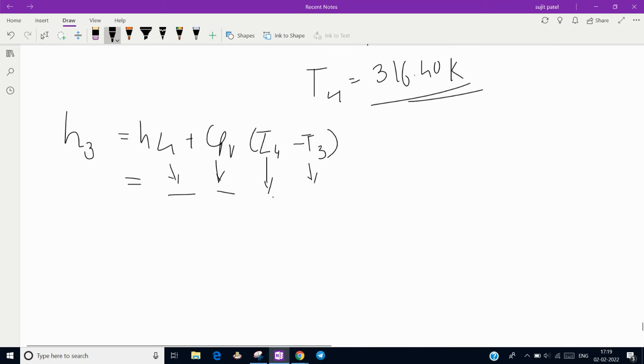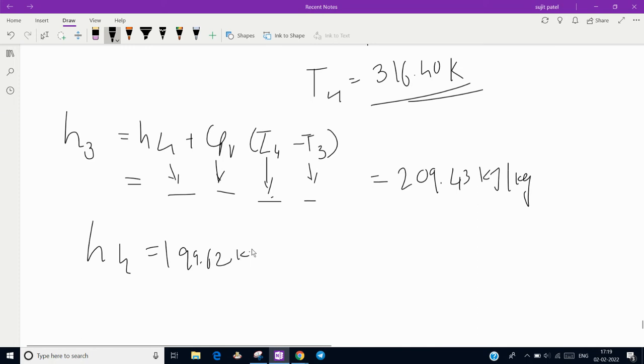All the values we have, put them in and you will get the enthalpy value 209.43 kilojoule per kg. Now H4, from the standard table, is 199.62 kilojoule per kg.